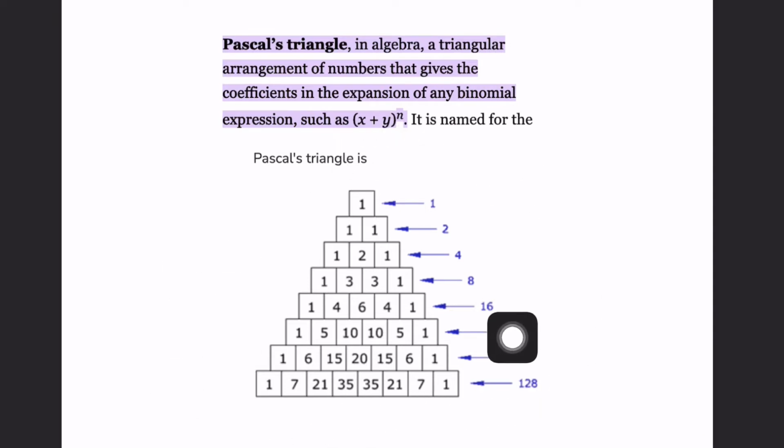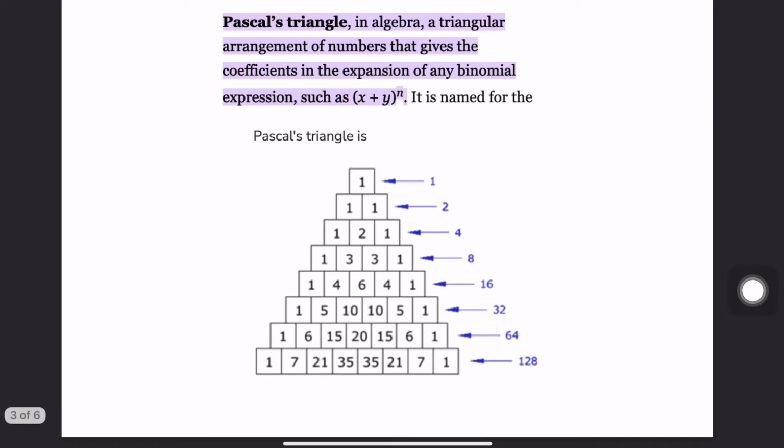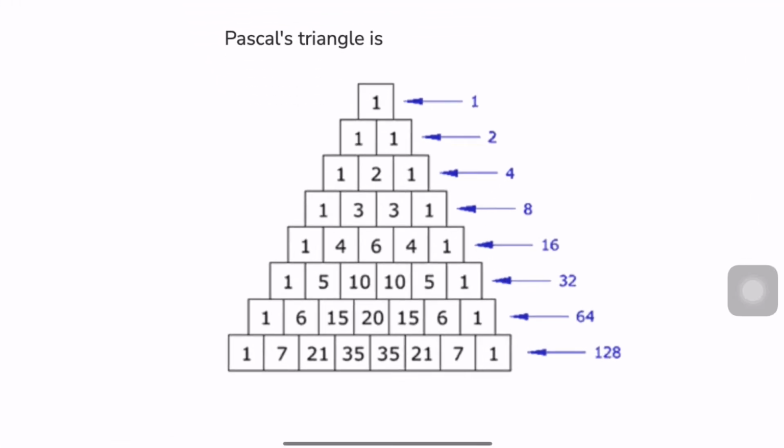Actually, you have learned it in the early chapters. I'm going to show you how this triangle becomes like this. We have 1, and then it goes down like this. 1 plus 1 is equal to 2. 1 plus 2 is equal to 3. 2 plus 1 is equal to 3.